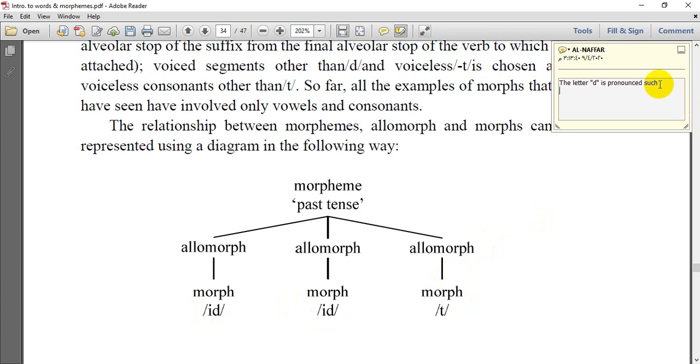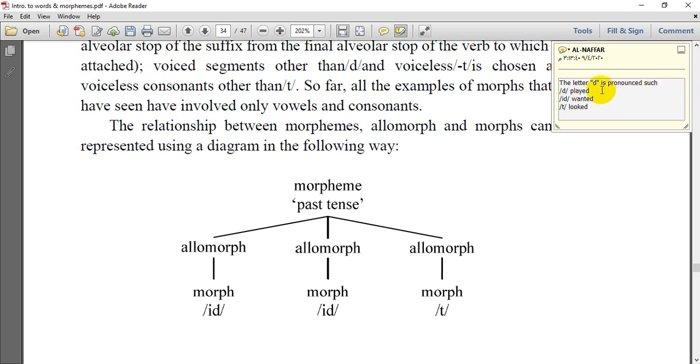Again here, I can write it here: played, wanted, locked.